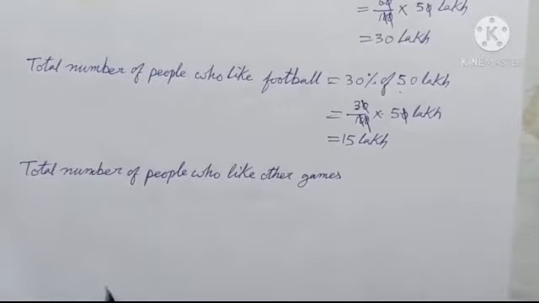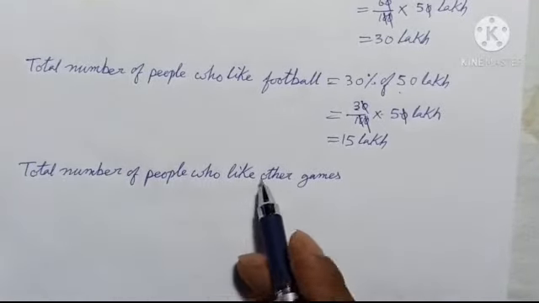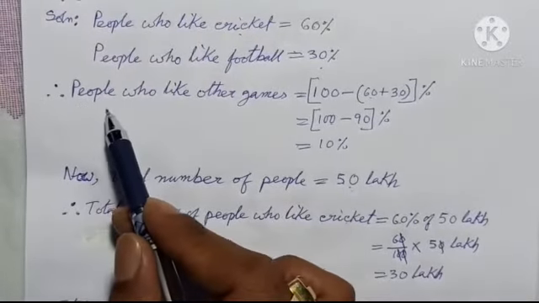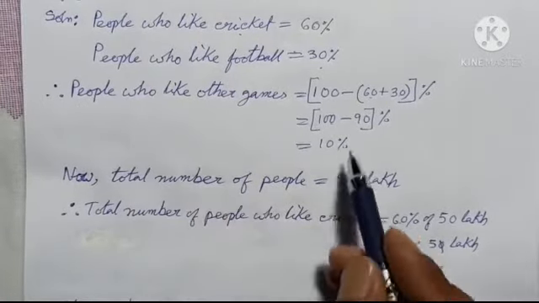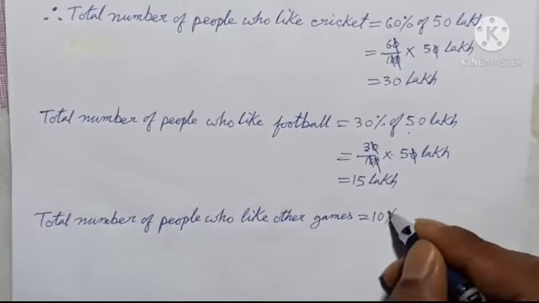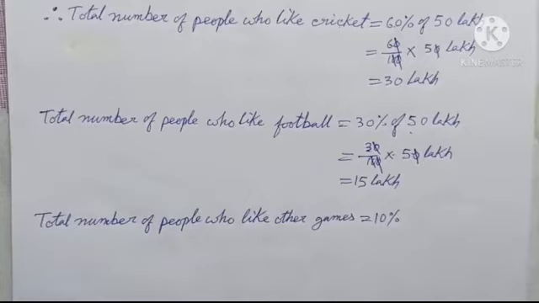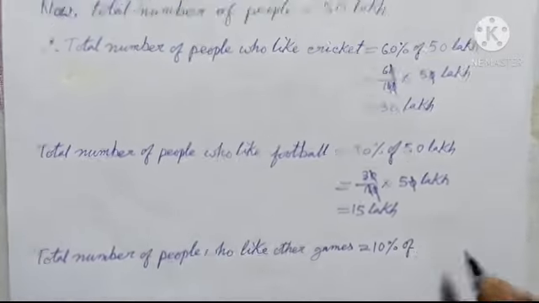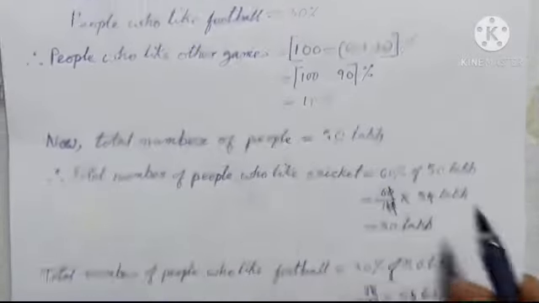Next is the total number of people who like other games. People who like other games in percentage is 10%, of the total number of people, which is 50 lakhs.